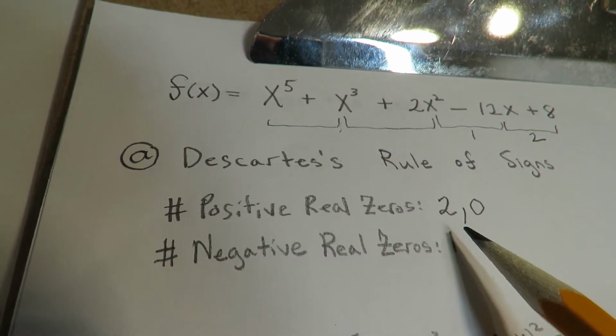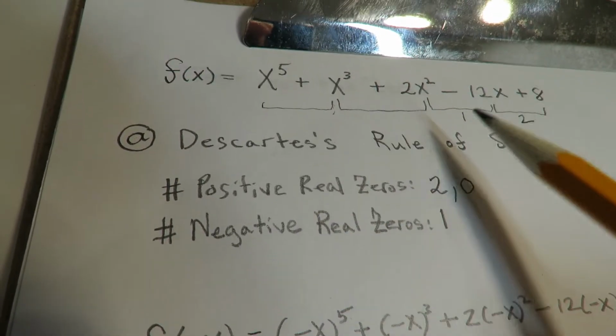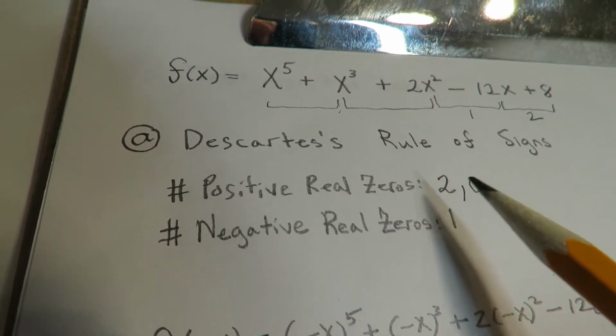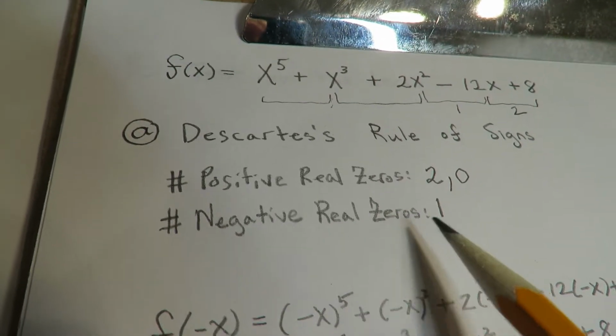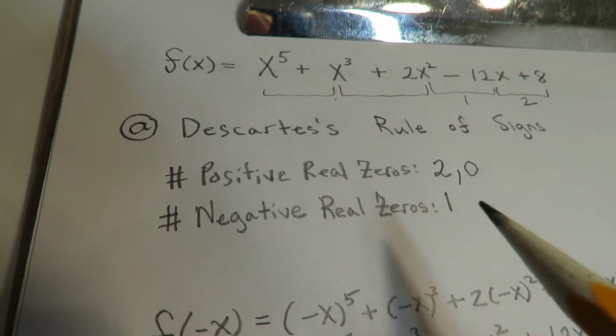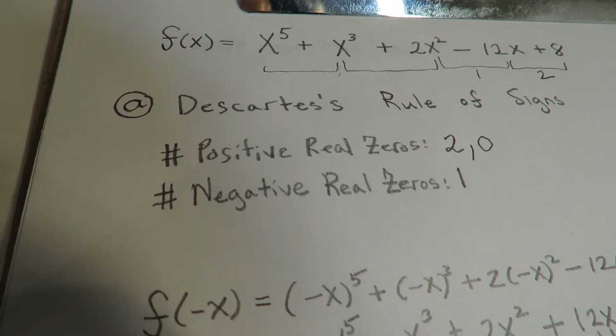I know this section is difficult, but how you have to think about it is that this polynomial has either 2 positive real zeros or none. Descartes' rule of signs doesn't tell you which case it is. For the negative real zeros, we know for sure we have 1. When you get an answer like that, it doesn't mean that it might have 1. It means that it has 1.